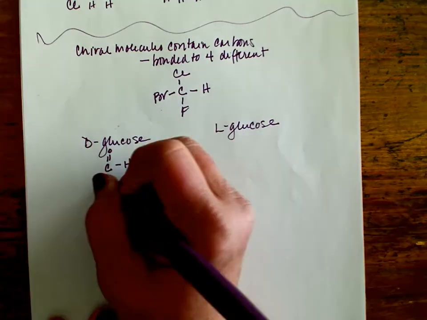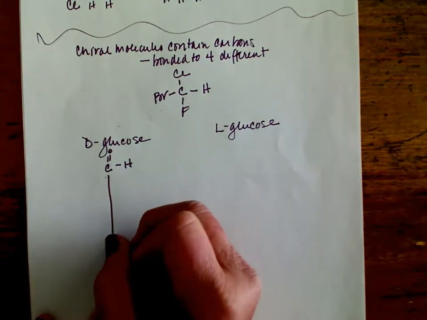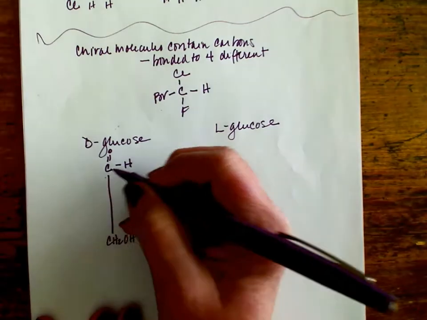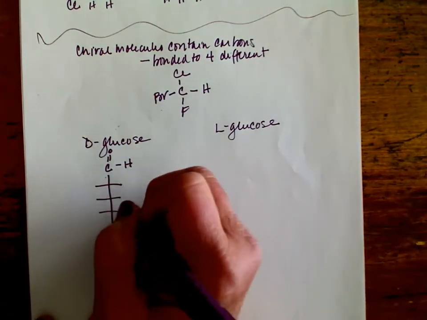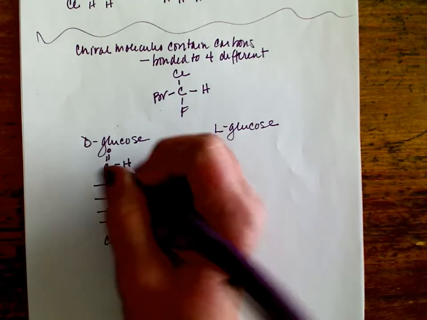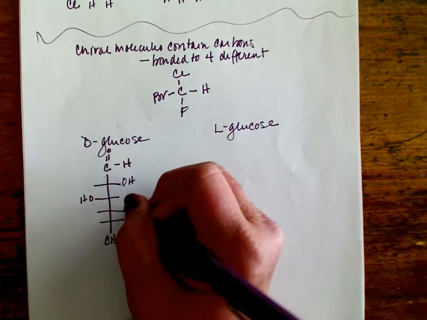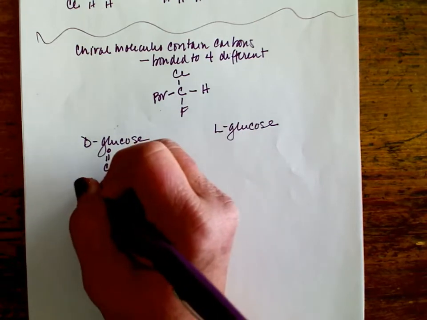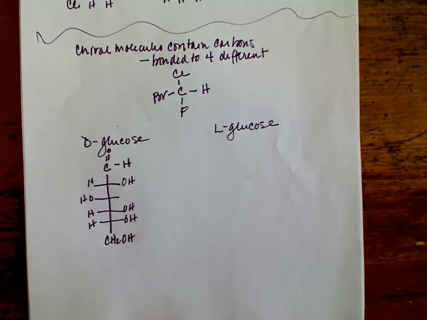And there is free rotation around the single bond there, so it doesn't matter which way you draw that. I could have had the hydrogen here, doesn't matter. And then we have our hydroxyl groups and our hydrogens. And this is the Fischer projection of D-glucose. And I want to reiterate, this is the way I want you to draw these for me. And I will want Haworth projections for the cyclic structures.